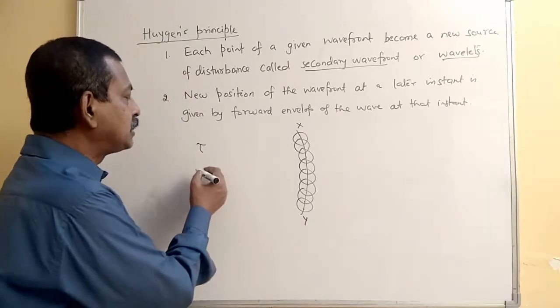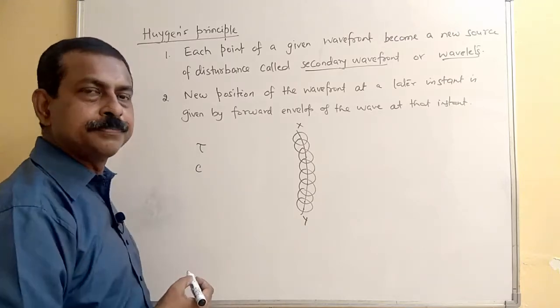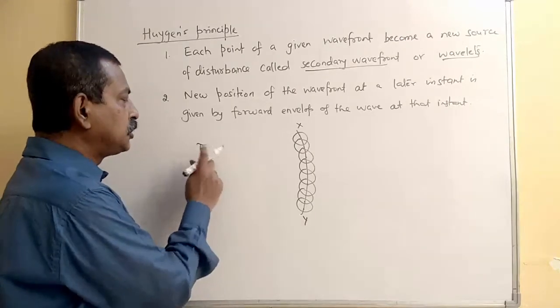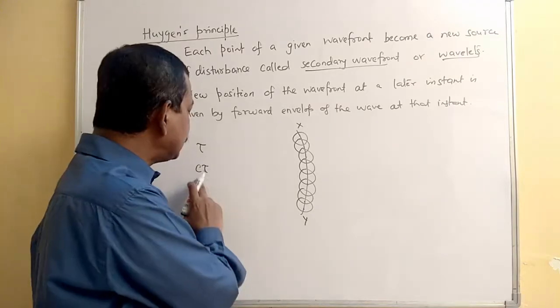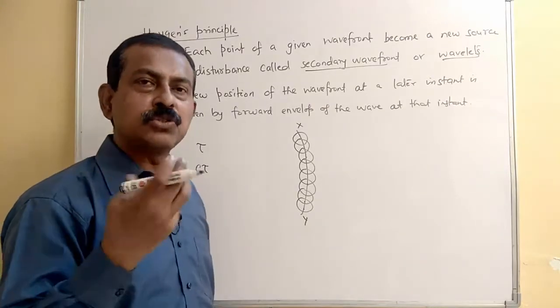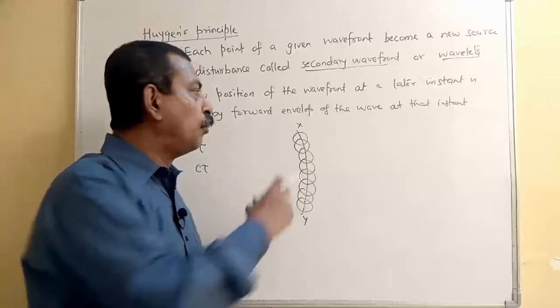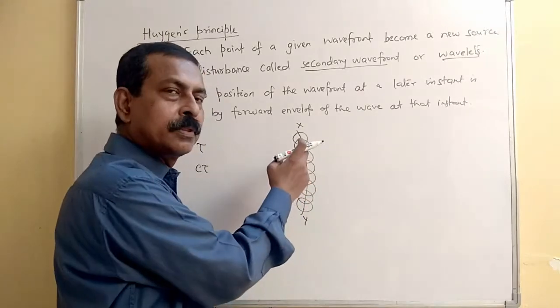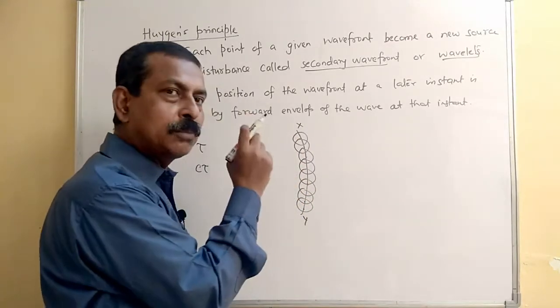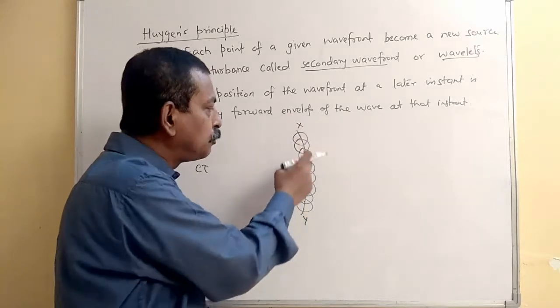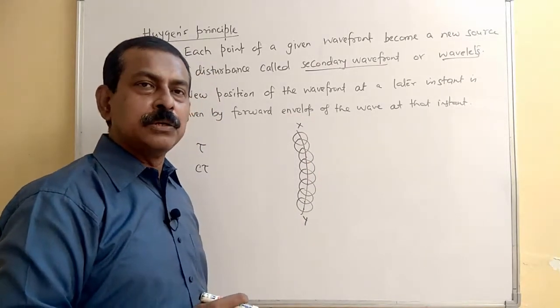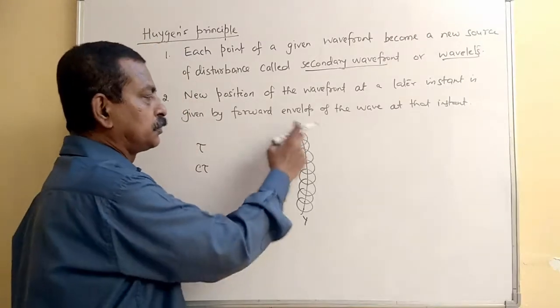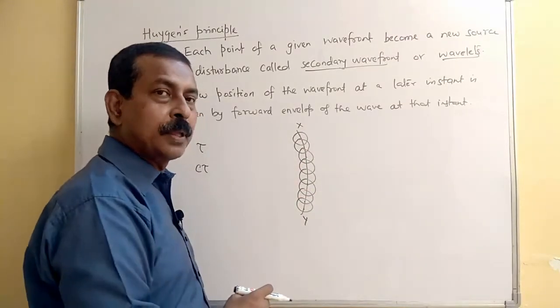If c is the speed of light, in this time duration tau it has traveled a distance c tau. Taking c tau as the radius of a sphere, we construct spheres, and the centers of those spheres will be at different points of this wavefront XY. So now you'll get spherical wavefronts there.